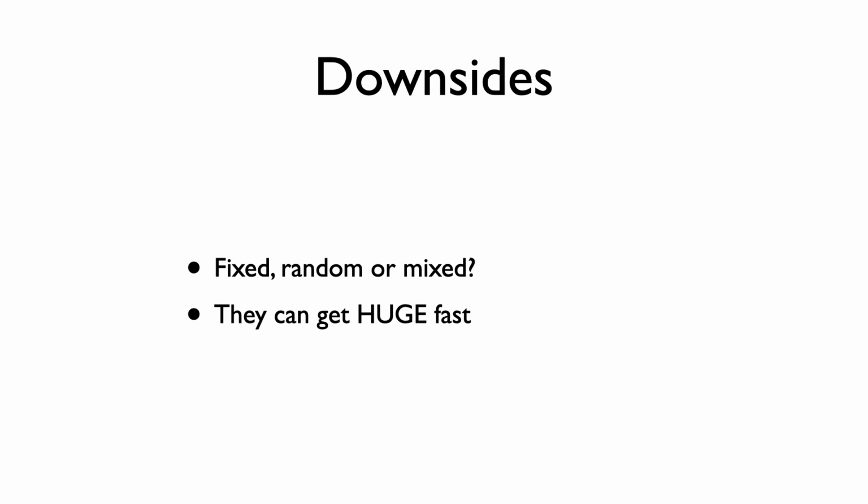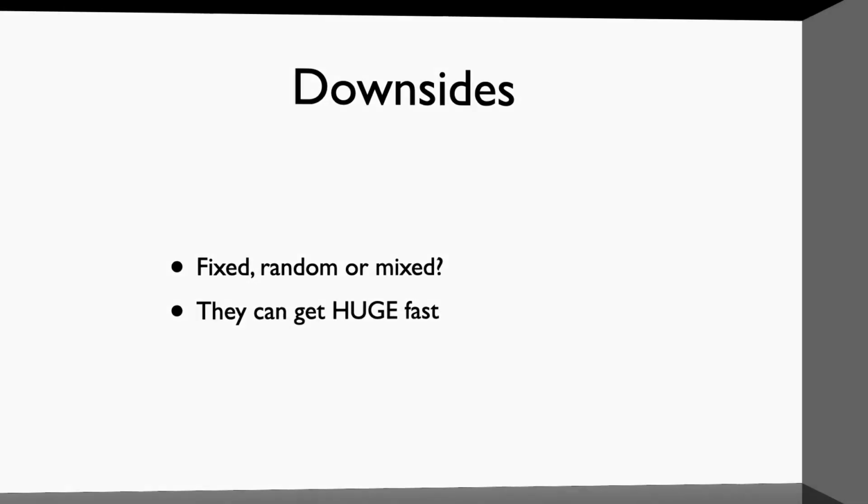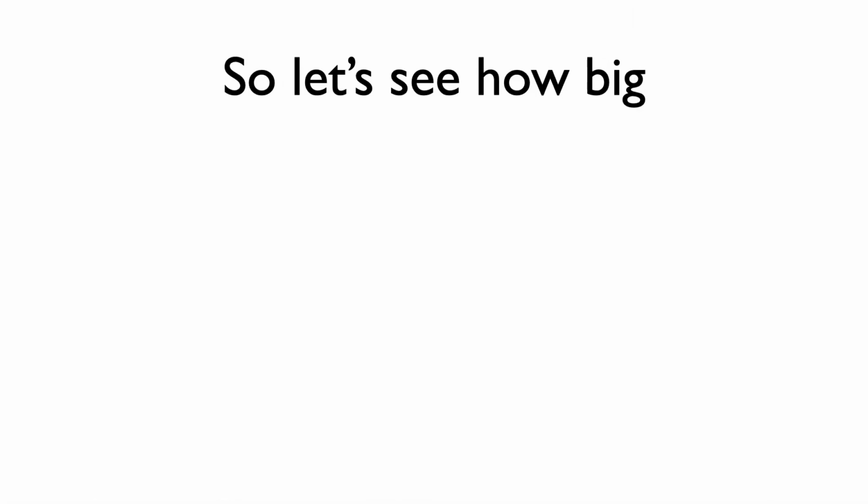These things can get really big really fast. Remember we went from the simplest, x equals mu plus tau plus epsilon, and then x equals mu plus alpha plus beta plus alpha beta plus epsilon, and then x equals mu plus alpha plus beta plus gamma plus alpha beta plus beta gamma plus alpha beta gamma plus epsilon. Okay.